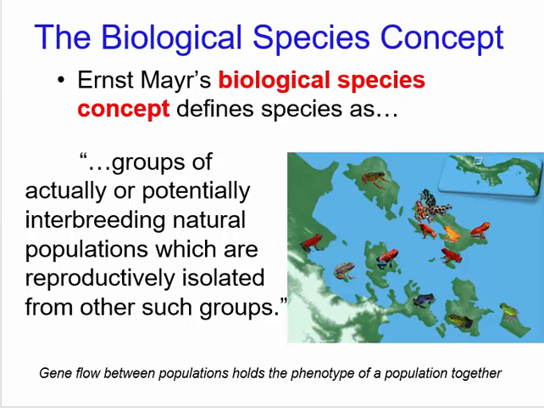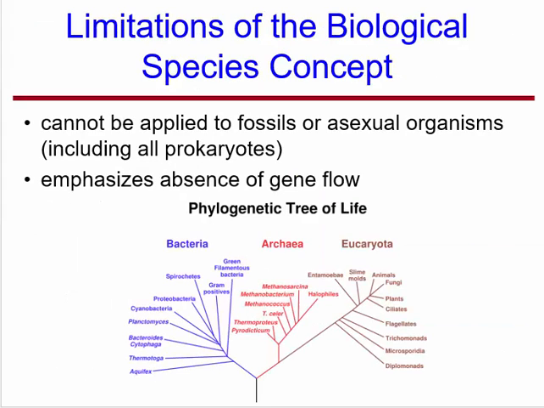But again, it's the potential, right? Maybe there's no gene flow right now, but if you put them together, could they interbreed? That is the core of the biological species concept. This is great for some organisms, but you can probably imagine it's not so great if you're studying fossils. You have an extinct species, and you're never going to know if it can interbreed with another similar looking group.